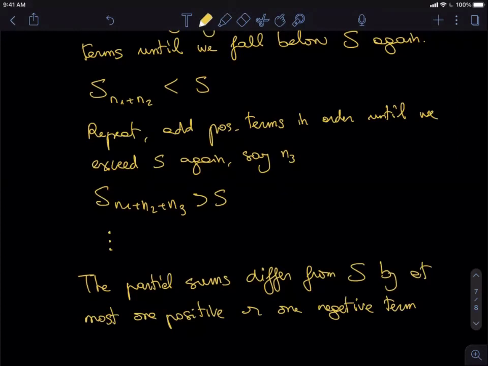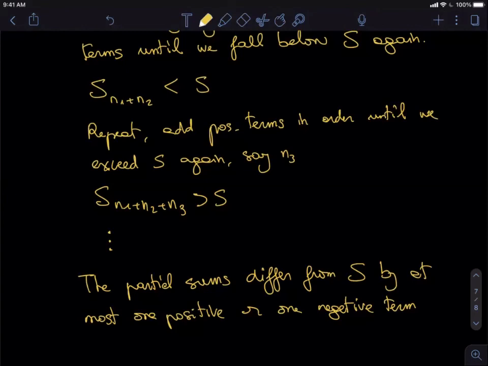This is because as we keep adding terms, there will always be a last term that was below S, and then when I add the next, I will be either precisely S or above. And then I will have to subtract again.